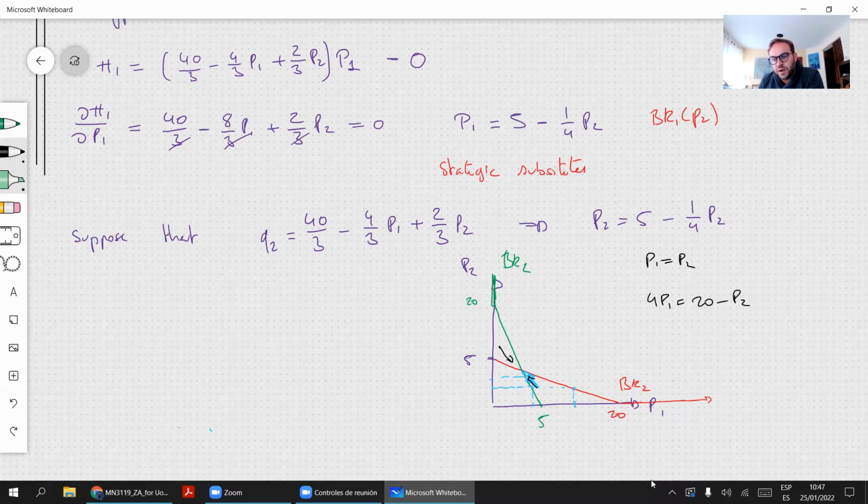I'm going to write everything as P1 because they are symmetrical. So 5 P1 is equal to 20, which implies that P1 is equal to P2, which is equal to 4. And then we have it. You should be a little neater than me, but I just wanted to do this. Once I have the prices, I can compute the quantities, profits, and so on.